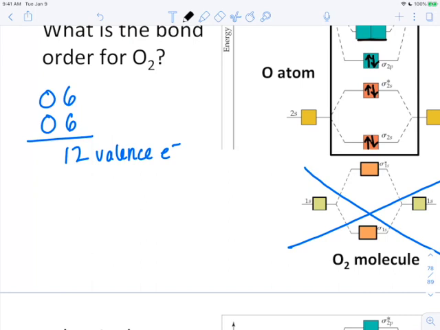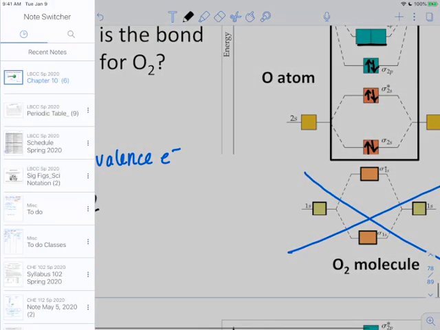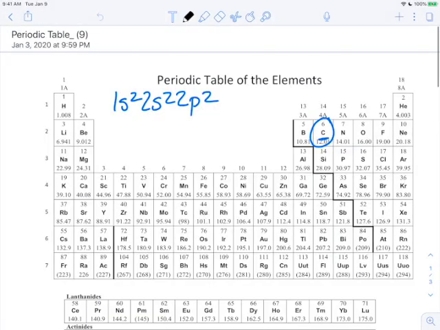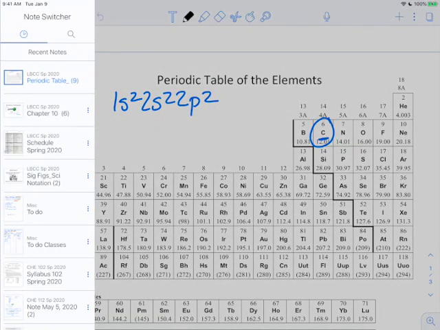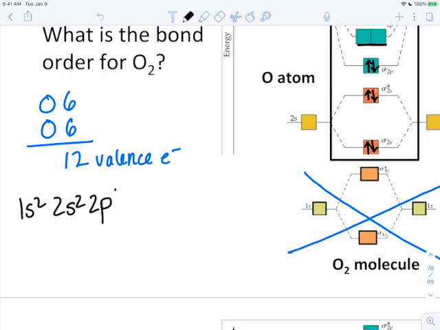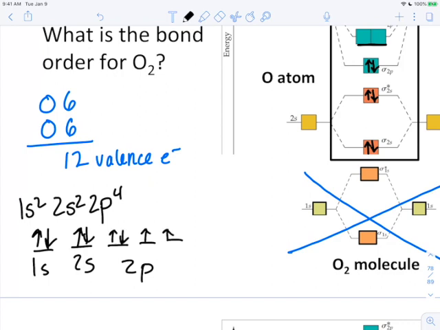For oxygen, we would have 1s2, 2s2, and, let me double check my periodic table, oxygen is the fourth one over, there we go, 2p4. We would put our 2 electrons in the 1s, the 2 electrons in the 2s, and then for the p's, we said 1, 2, 3, and then we came back for the fourth.